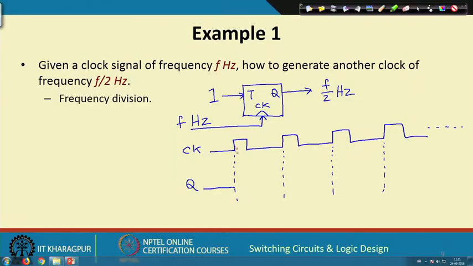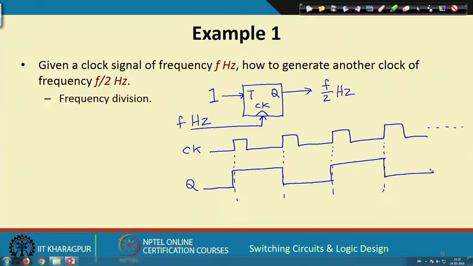So, every time a clock comes, the output will toggle, because T is always 1. Whenever the first clock comes here, this Q will toggle, this will become 1. The next clock comes here, it will again toggle, it will become 0. Next clock is here, it will again become 1. Next clock is here, it will again become 0.